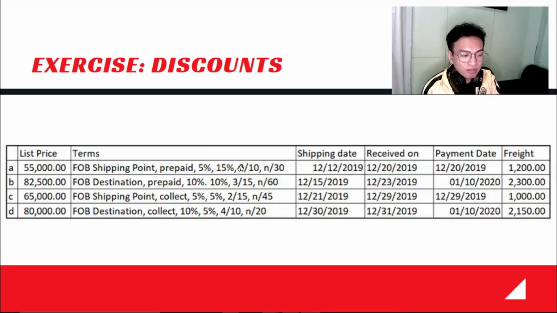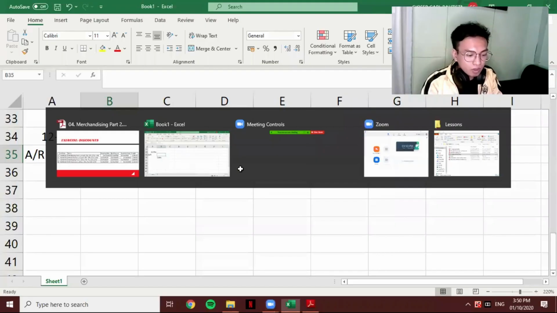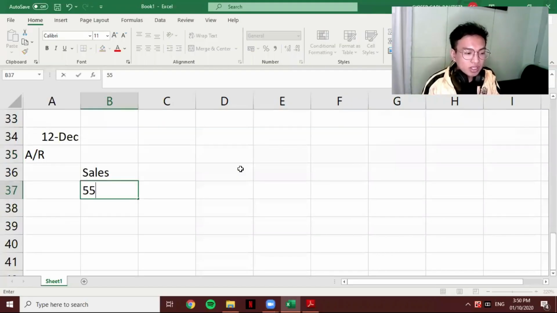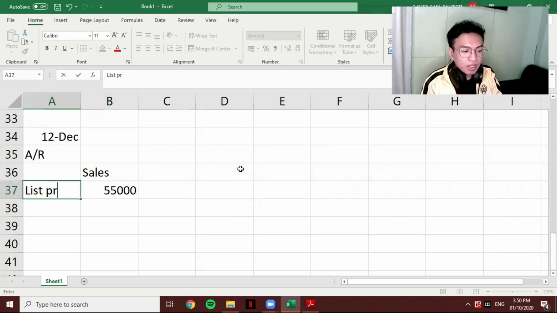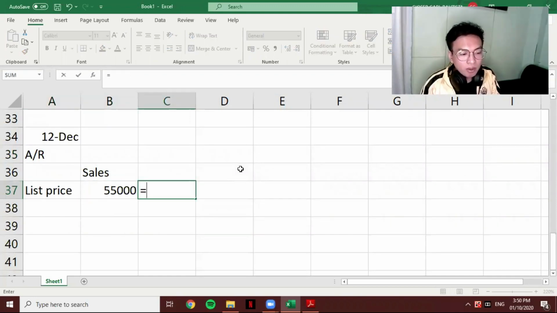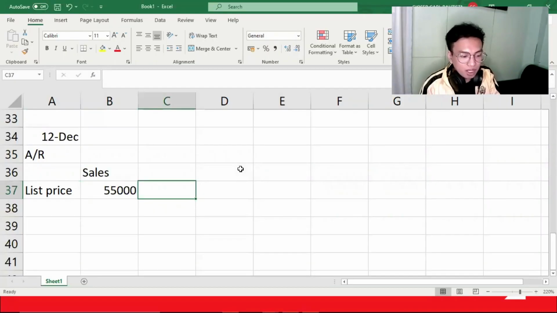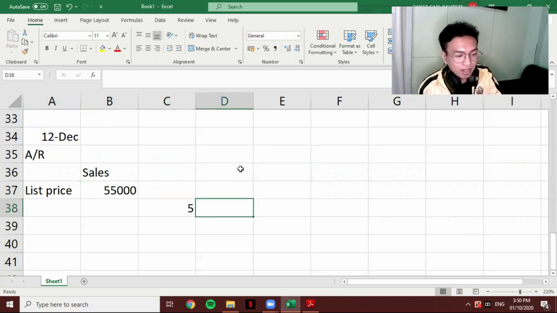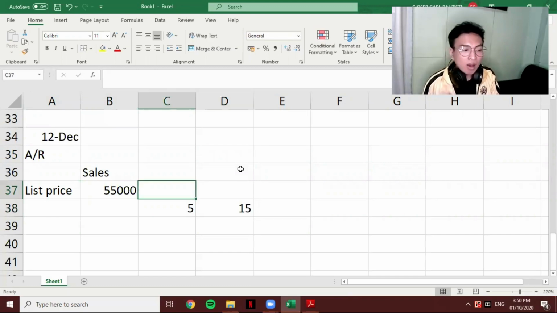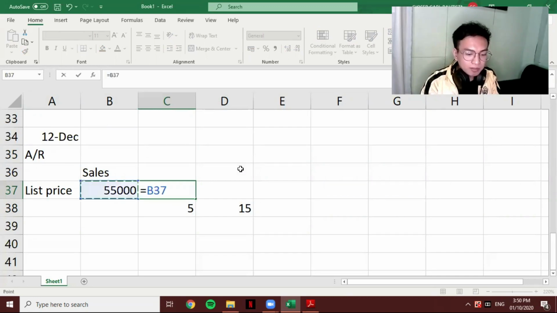List price is 55,000 pesos. So, we have 55,000 pesos as our list price. And we know that we have to deduct something from it pa. How much? 5% and 15%. How much would be our sales talaga after deducting 5% from 55,000? Minus 0.05. Careful, baka maging 0.5 yan.